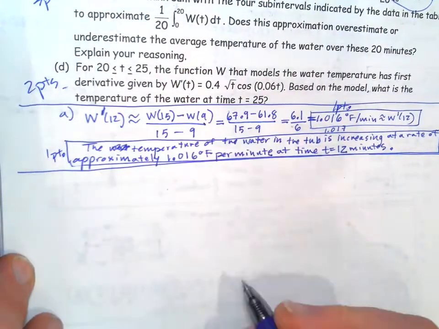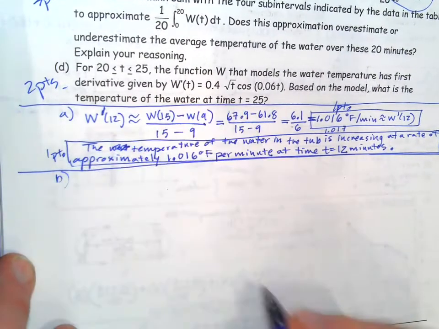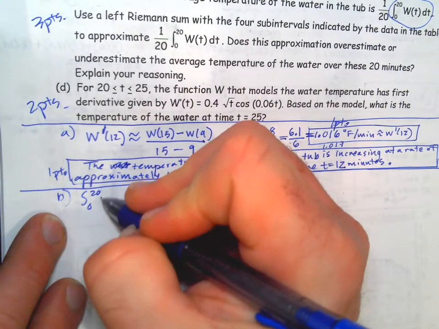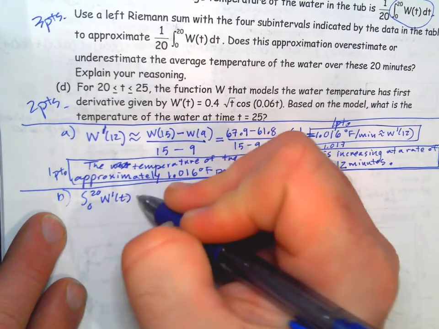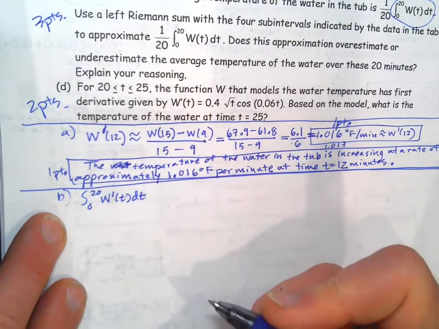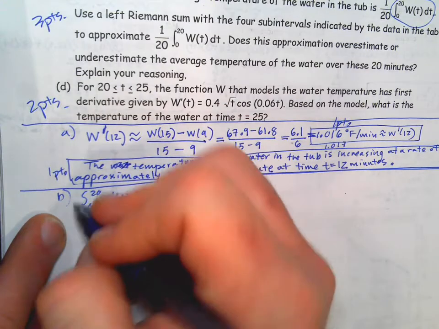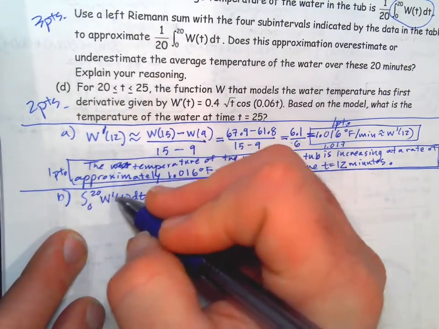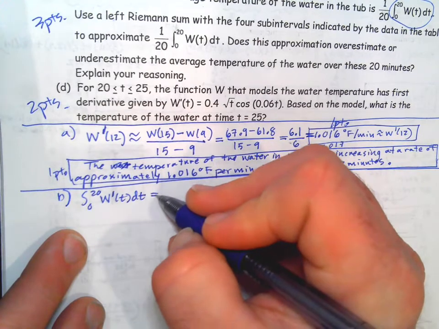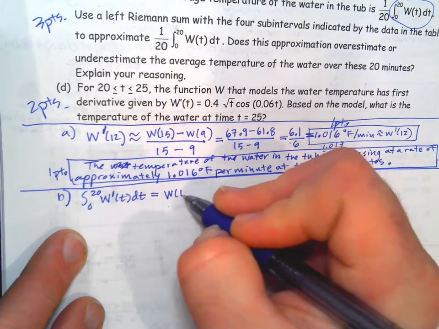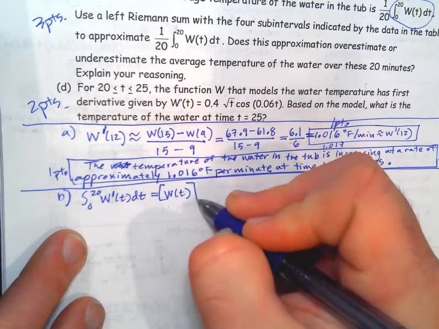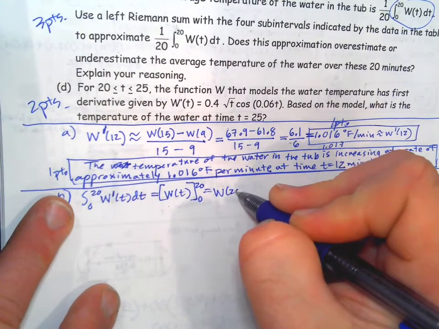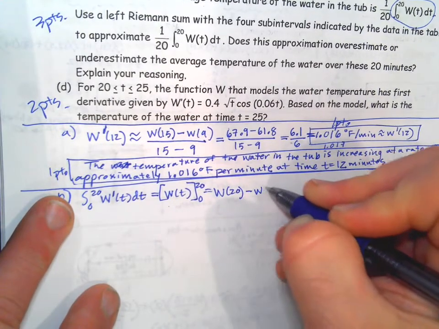B says, use the data in the table to evaluate the integral from 0 to 20 of W'(t) dt. Using the correct units, interpret the meaning in the context of the problem. Now, I don't know if we've done this a lot, but you should know that if you're going to integrate W', the antiderivative is W. And then you plug the limits in, top first, bottom second, subtract.